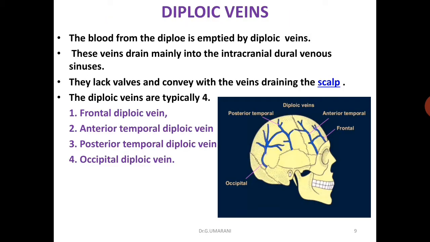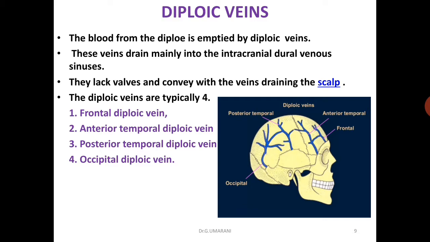Diploic veins. The blood from this diploe, that is spongy or cancellous bone, is emptied by the diploic veins. These are specialized veins of the skull. Usually they are devoid of valves. Usually valves are present in the veins of the body other than the brain, but here they lack valves, and these convey the veins draining the scalp.